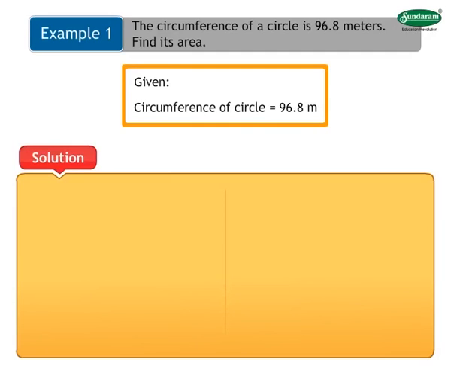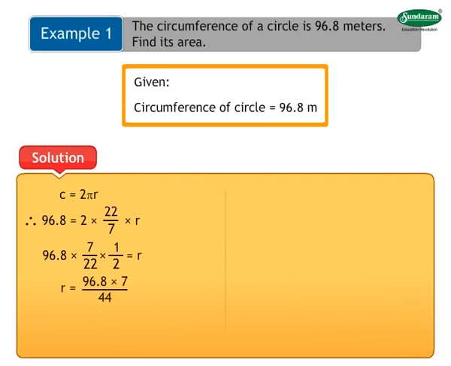But here only circumference is given. But we know that circumference is equal to 2 into pi into r. Therefore, 96.8 is equal to 2 into 22 upon 7 into r. 96.8 into 7 upon 22 into 1 upon 2 is equal to r.